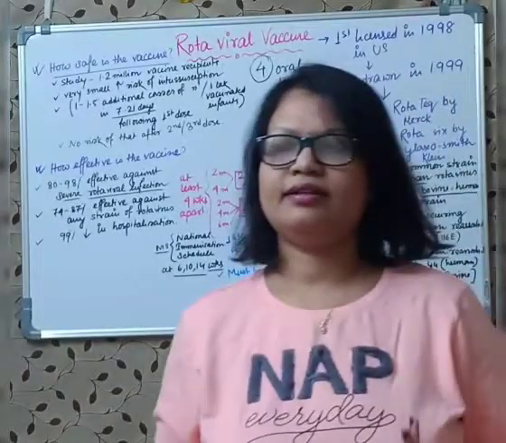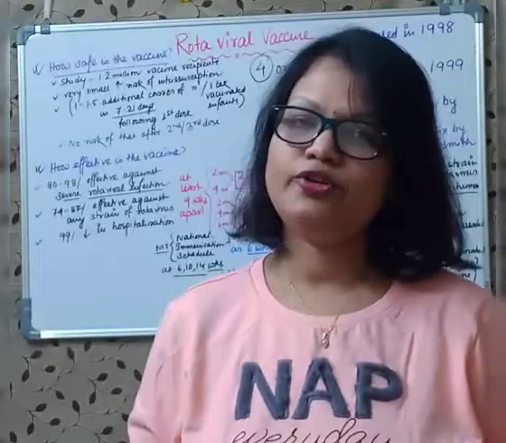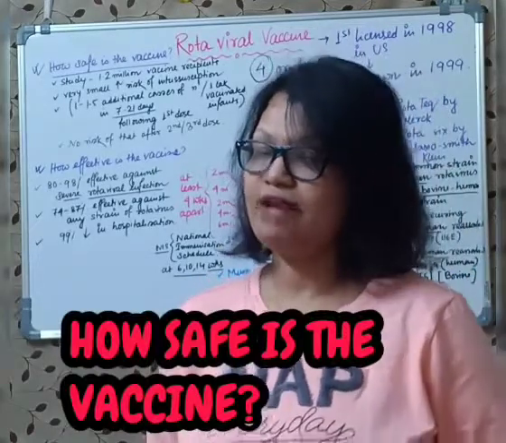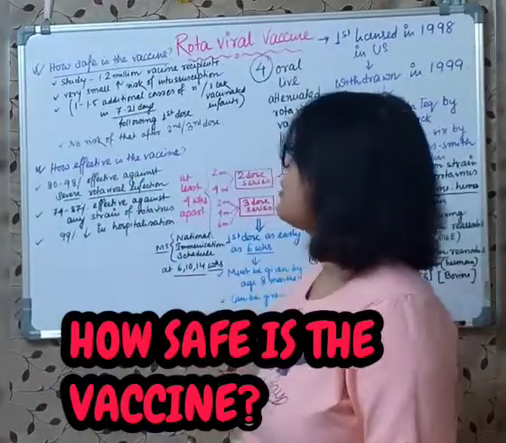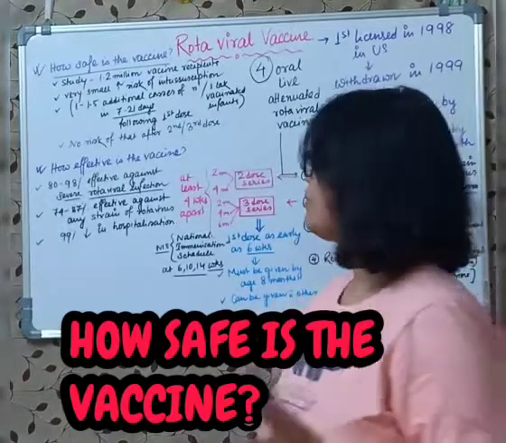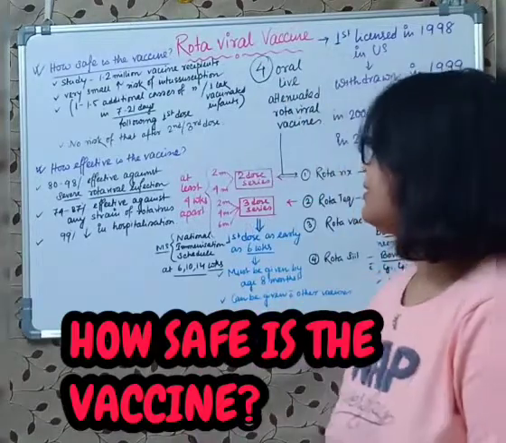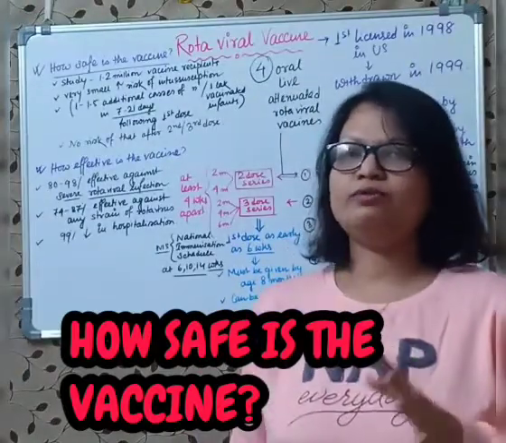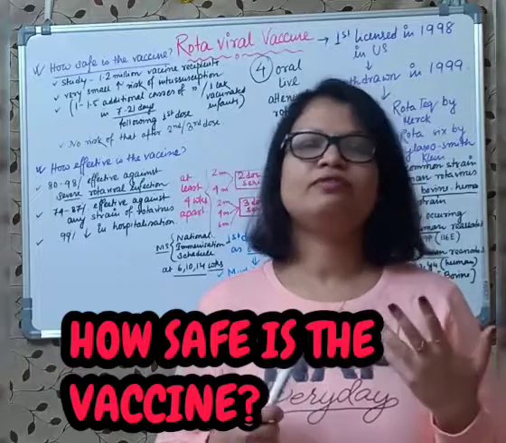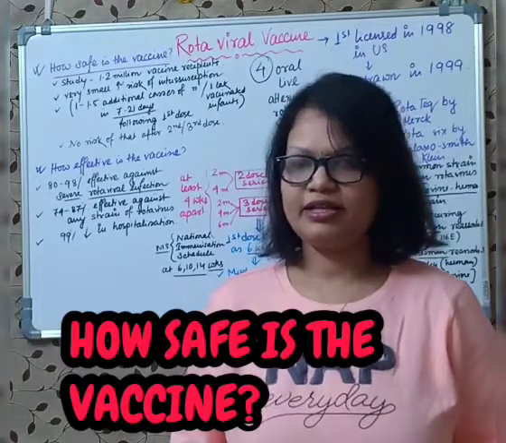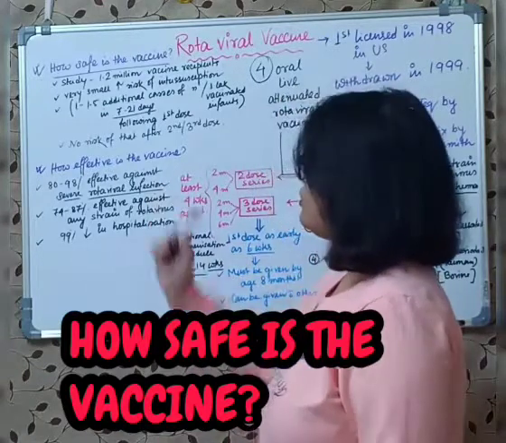Studies were done throughout the world, and it has been seen that among 1.2 million vaccine recipients, there is a small risk of intussusception. That means 1 to 1.5 additional cases were found per 1 lakh vaccinated children, within 7 to 21 days of the first vaccination, that is after 6 completed weeks.